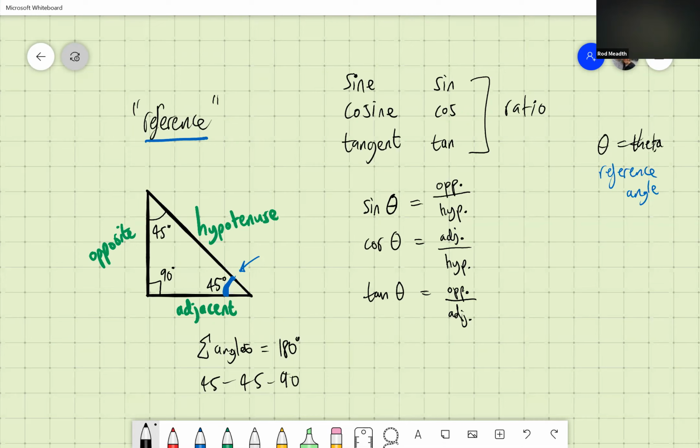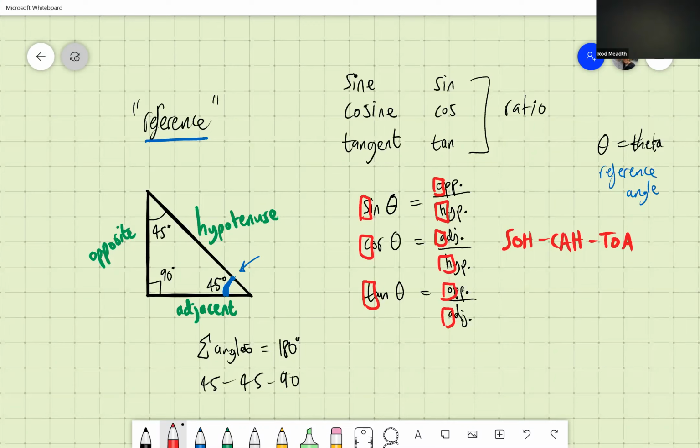Now, that seems like a big wall of information to try to remember. So the acronym that people have created to remember this is taken from the first letters of each of those little statements. You've got S, O, H, C, A, H, and T, O, A. And if you put those all in order, you get SOHCAHTOA, which, as the book says, kind of sounds like a Native American name, SOHCAHTOA.